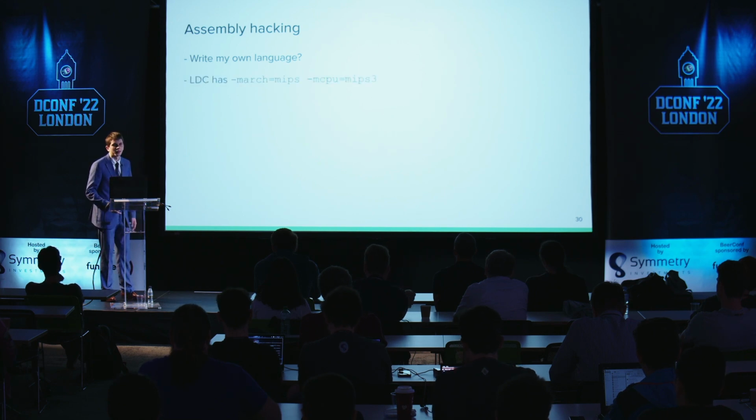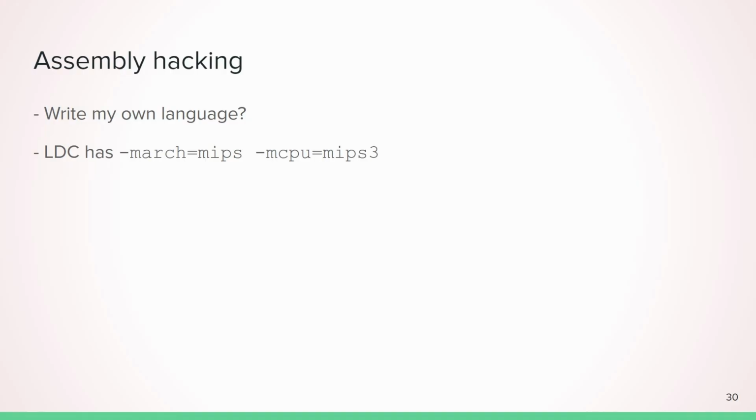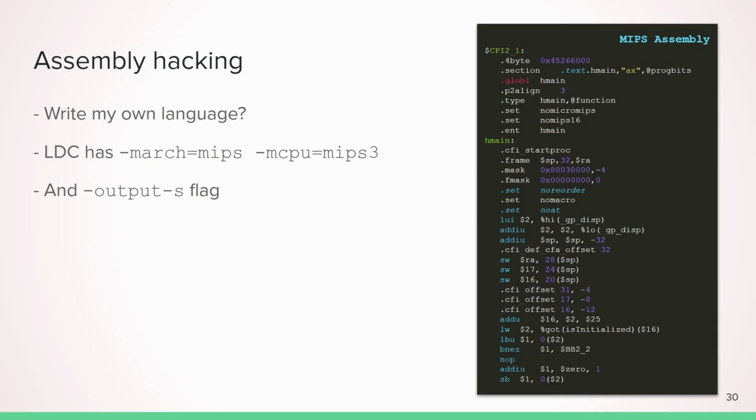But I haven't created my own programming language yet. I refrained from it. I found out that the LDC compiler actually has the flags to generate MIPS code. And it also has the output-s flag to generate the assembly code instead of just object code, which I could maybe feed into my own assembler.